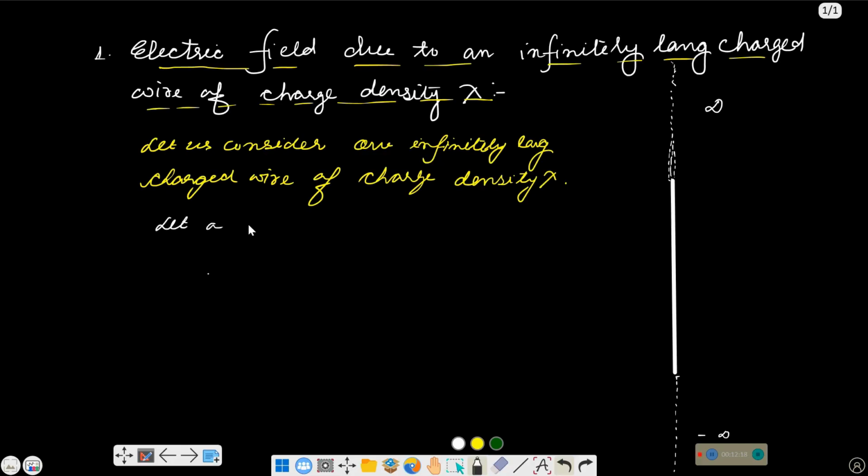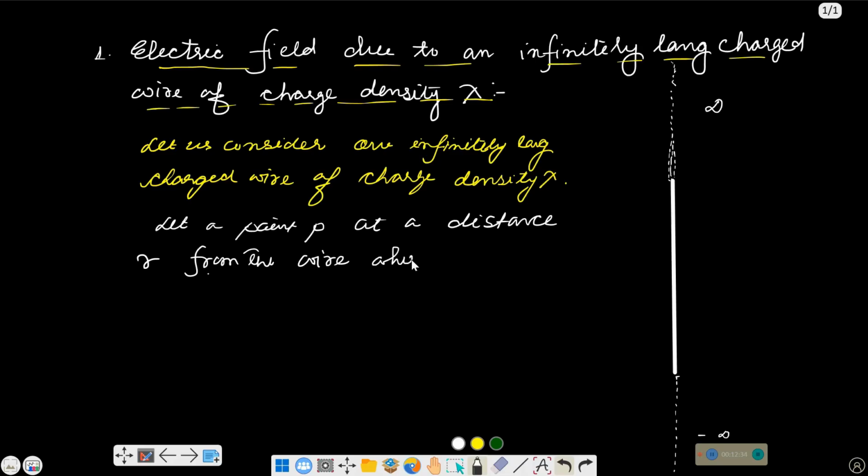Let there be a point P at a distance r from the wire where we need to calculate the electric field.